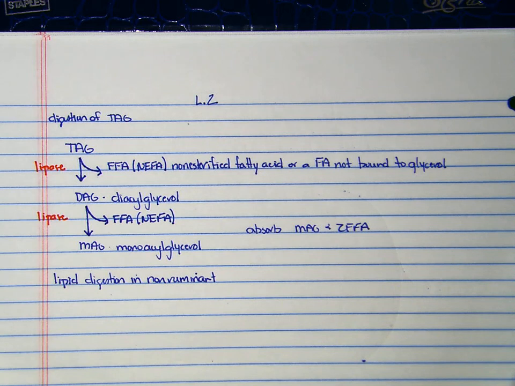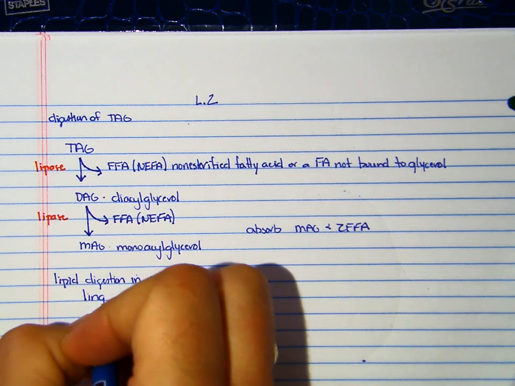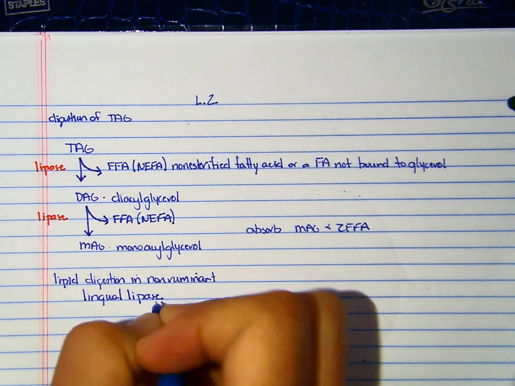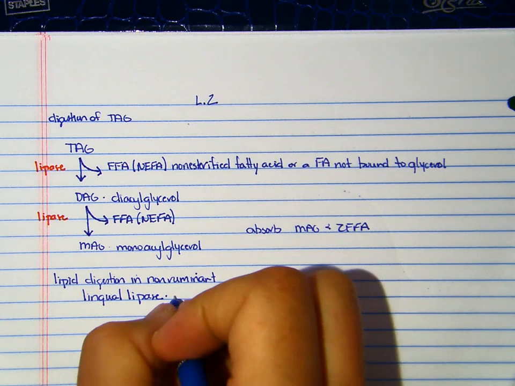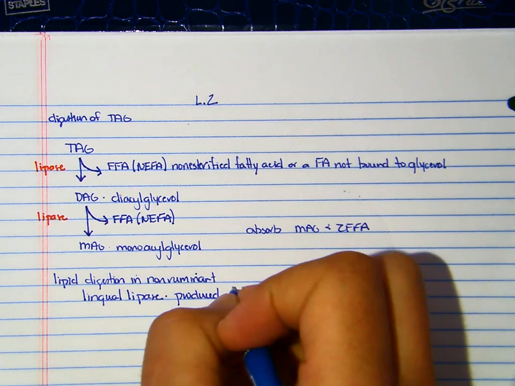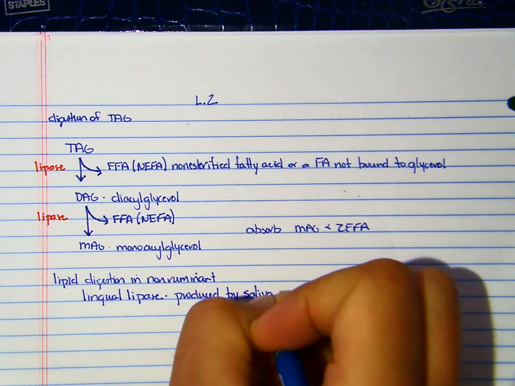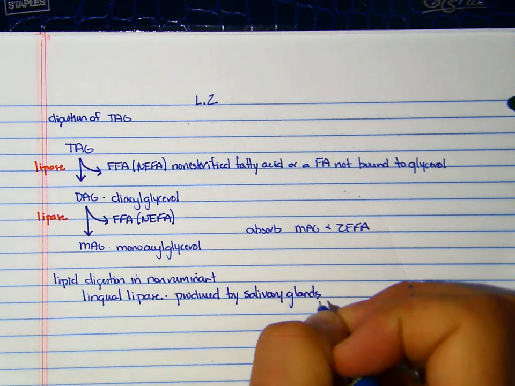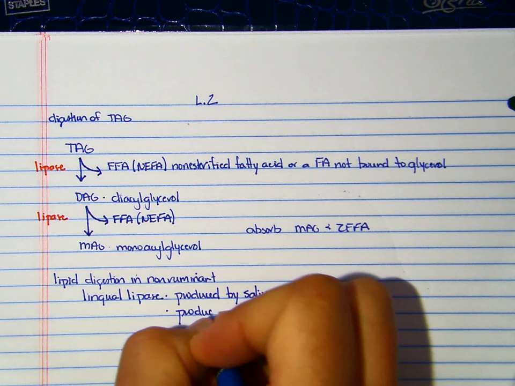lipid digestion in the non-ruminant, we have lingual lipase. And so lingual lets you know it's occurring in the mouth. It is produced by salivary glands. Production is continuous.